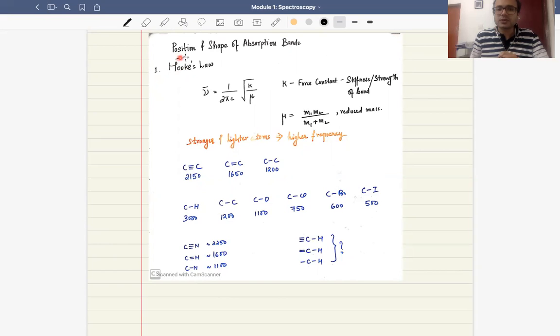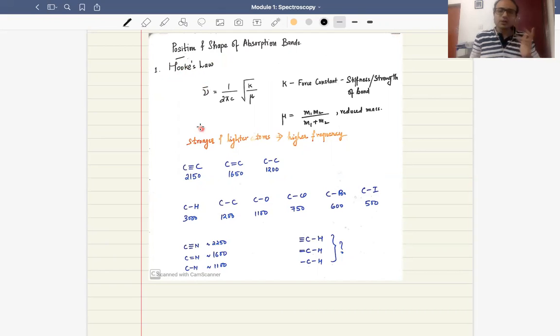In this discussion we are going to see the position and shape of the absorption band. The first important criterion on which the position depends is what I'll discuss today; shape I'll discuss in the coming videos. The first factor that determines the position of a particular absorption band depends upon Hooke's law.